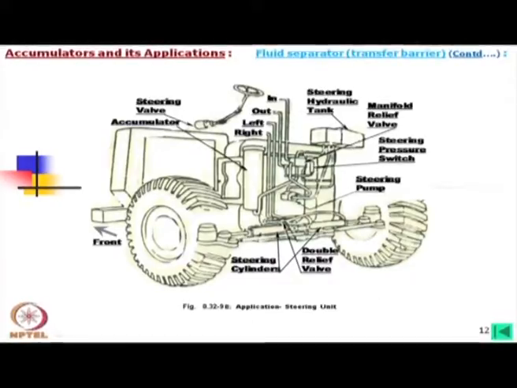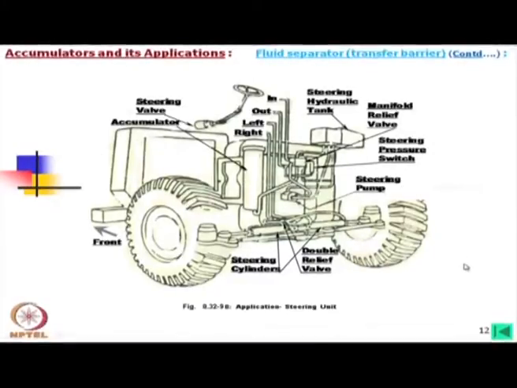Without this accumulator, this will also operate, but in that case you will find you have to not only give more effort, more load, but also give more motion to get the steering action.